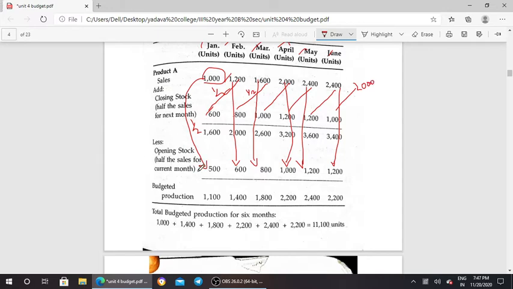So when we subtract that, we will be having the production budget. So 1,600 minus 500, you will be having 1,100.